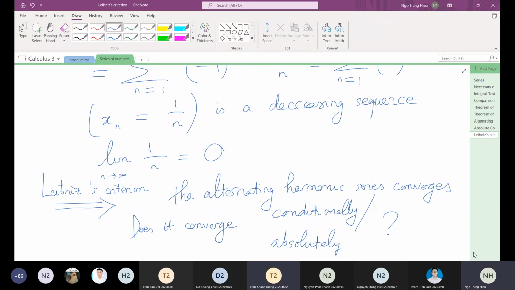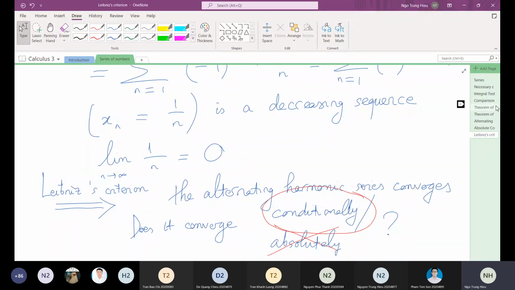Conditionally. Right, that's correct. It only converges conditionally, right? But not absolutely. Because the absolute series is the harmonic series, but the harmonic series diverge, right? So in this case, it only converges conditionally. Very good. All right, so we are doing quite good.